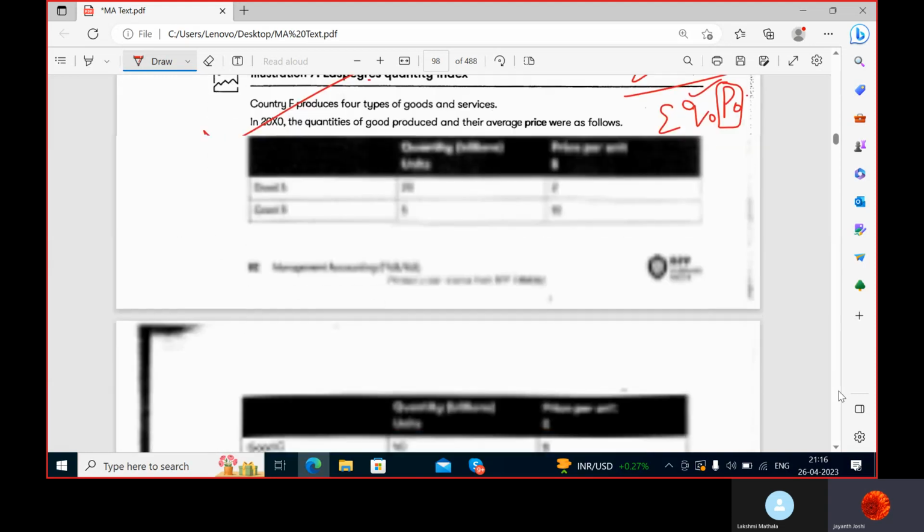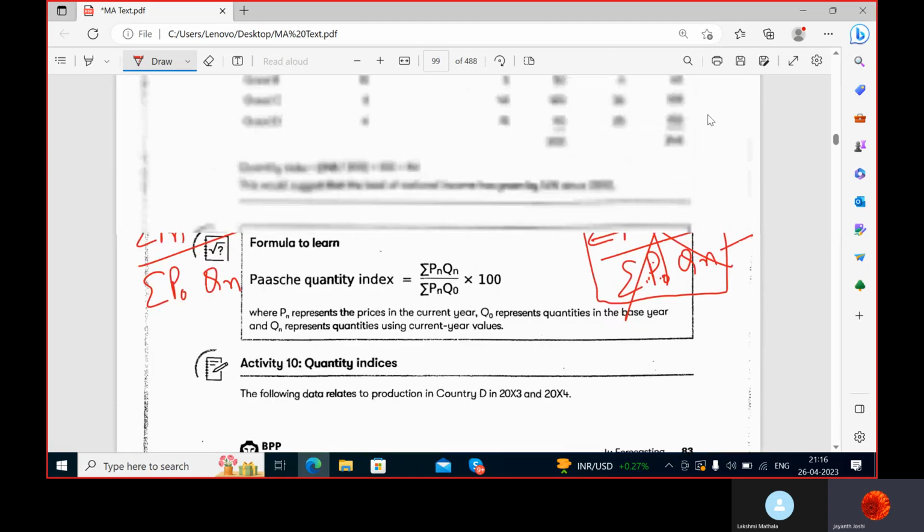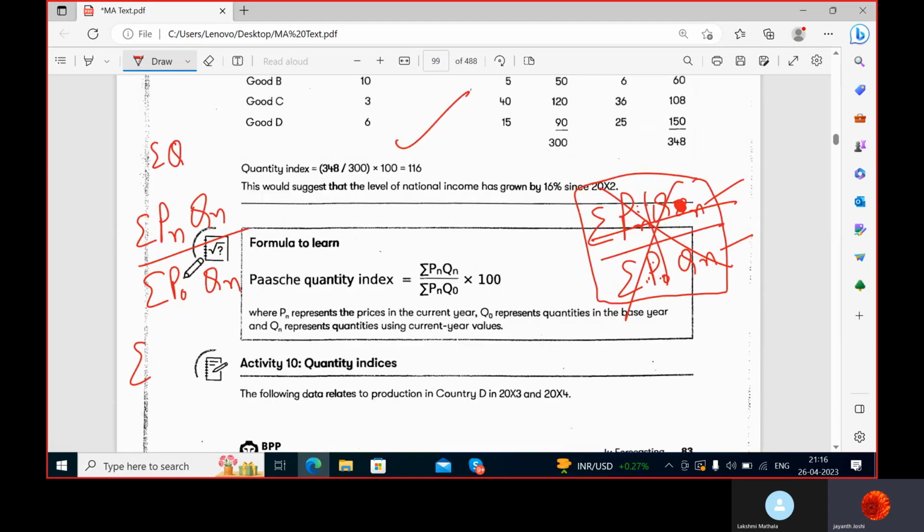Pn Qn, P naught Qn. Now, in place of price comes the quantity. In place of quantity comes the price.